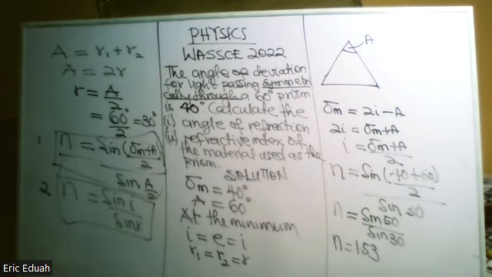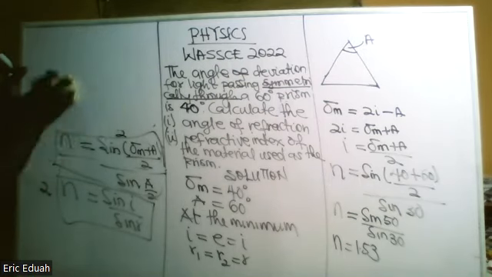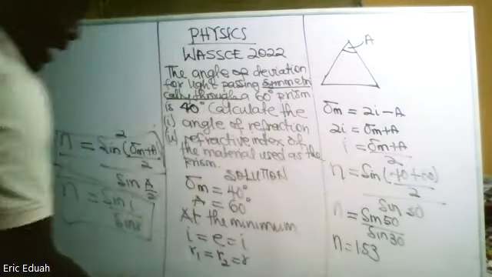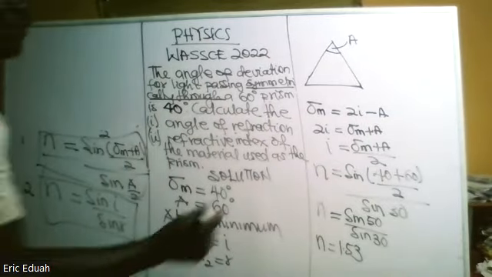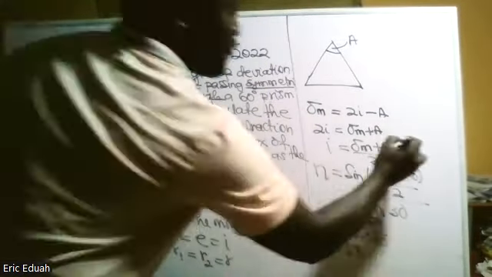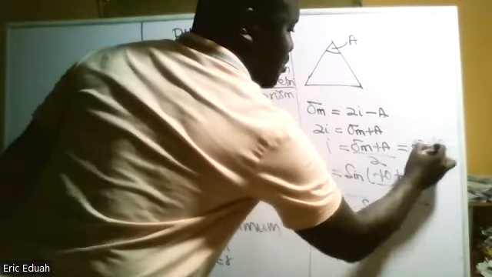If you want to use the second formula, sine I over sine R, then it means you have to first find I. And I from our formula is equal to the minimum deviation, which is (40 + 60) over 2.